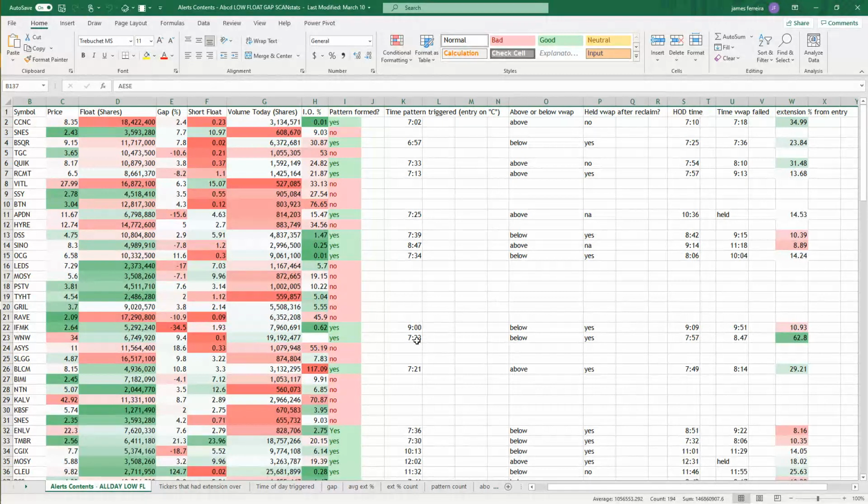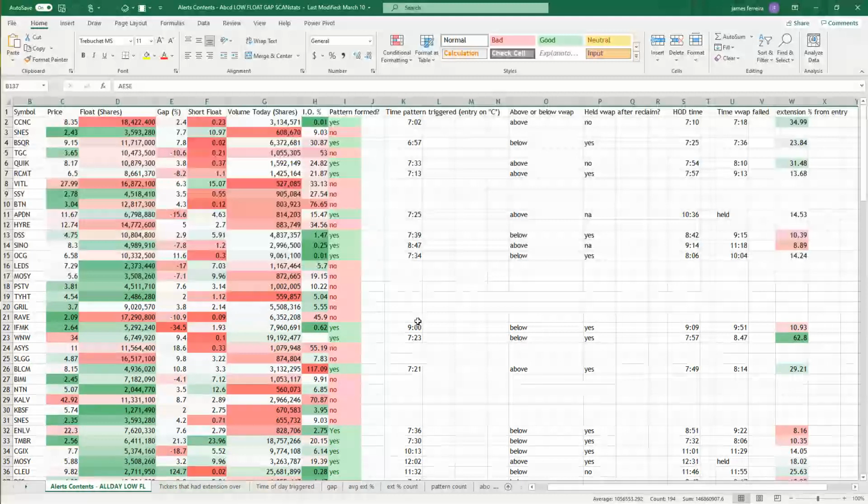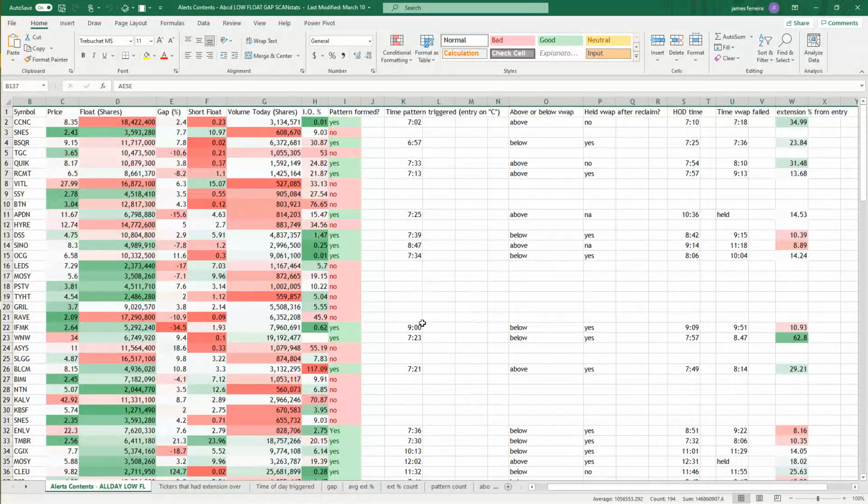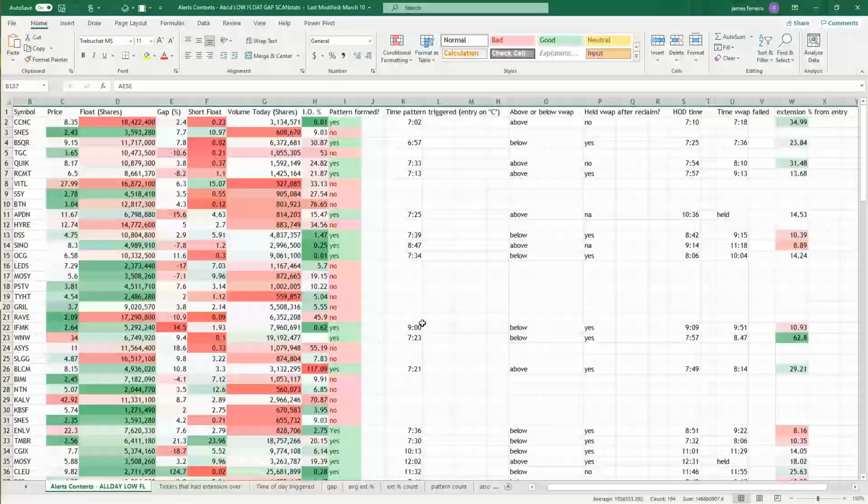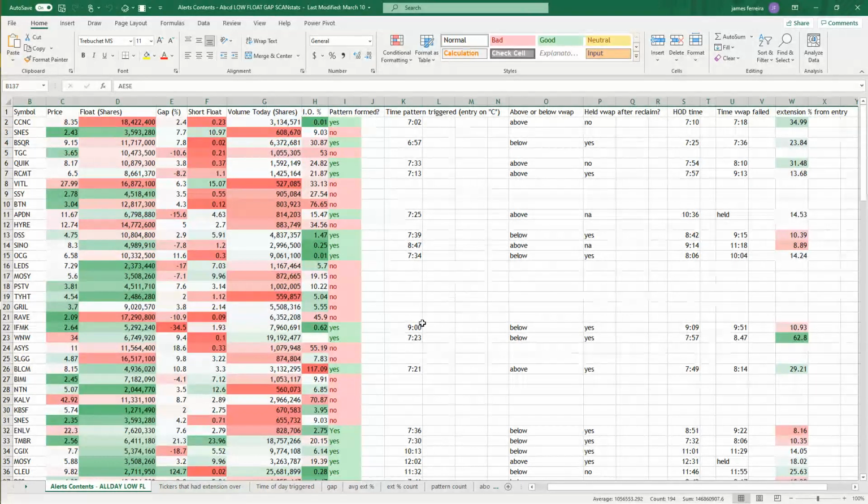I tracked it, and it's great. I then molded it into a play that I like on low float stocks that are under 20 million shares and have under 5% institutional ownership, that have gapped up on the day more than 30%, but no more than 70. And what else does it need? More than 20 million volume in pre-market is ideal.